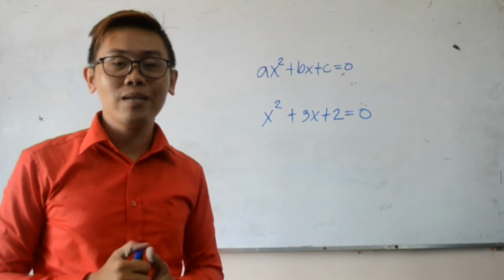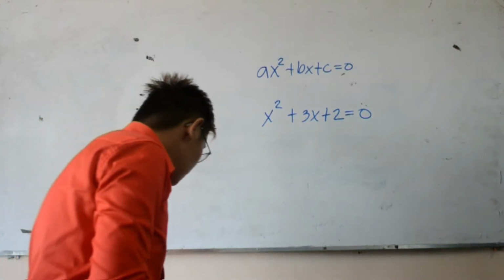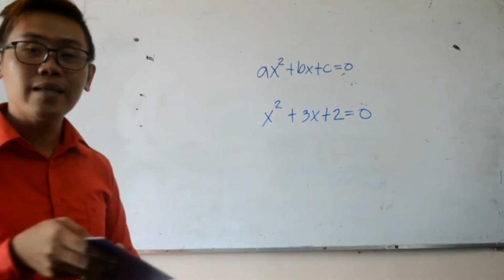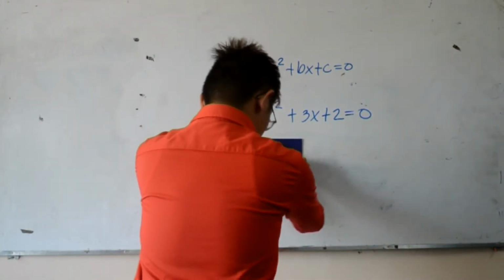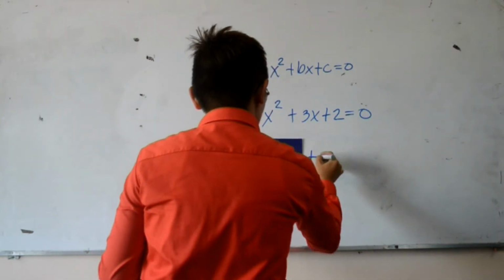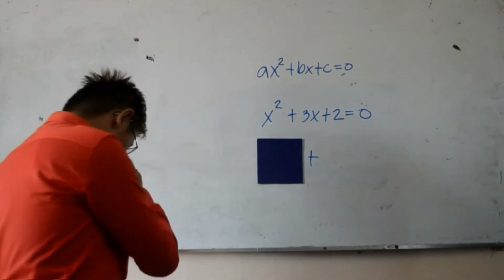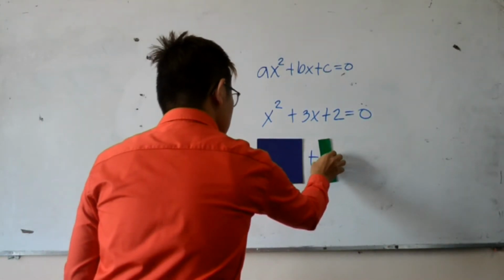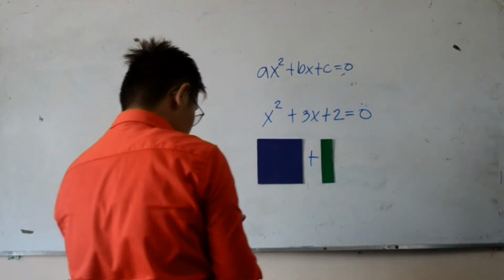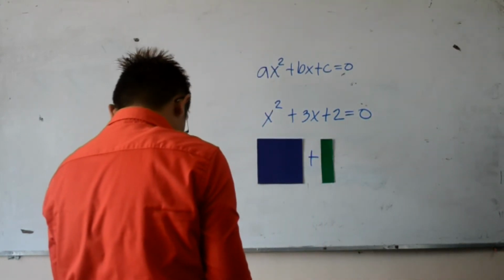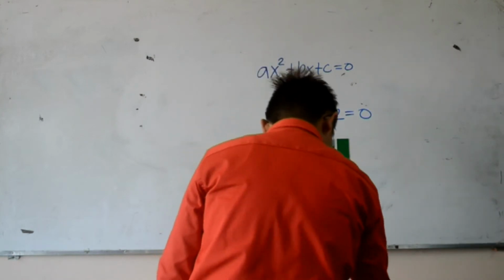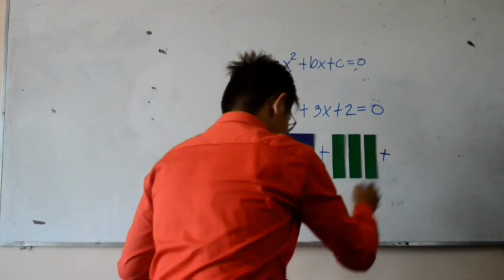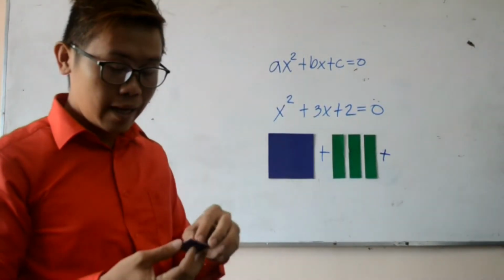I am going to illustrate this using the algebraic tiles. Since we have x squared, we have our blue tile to represent x squared, plus 3x, plus 2 small tiles.